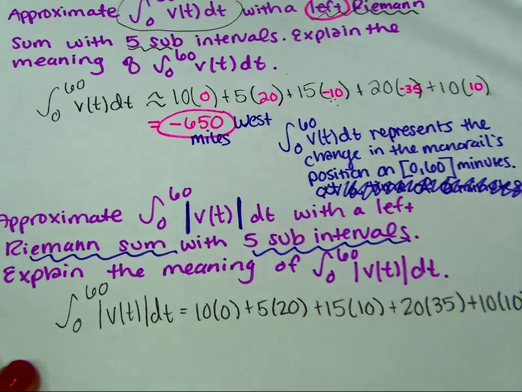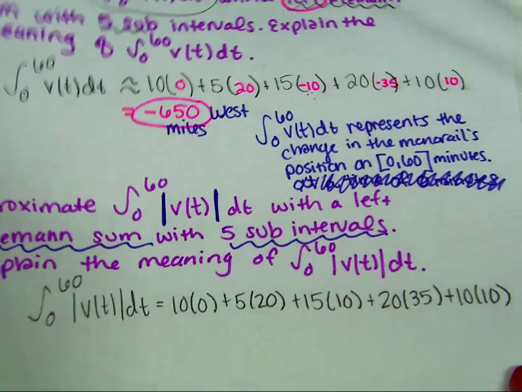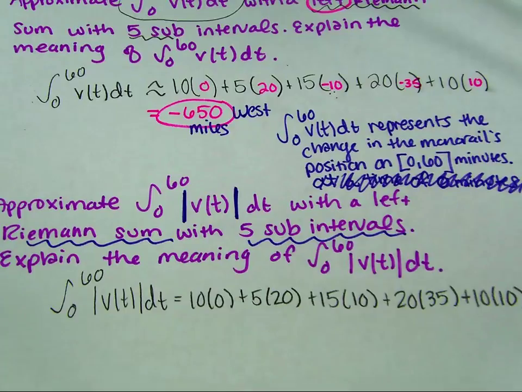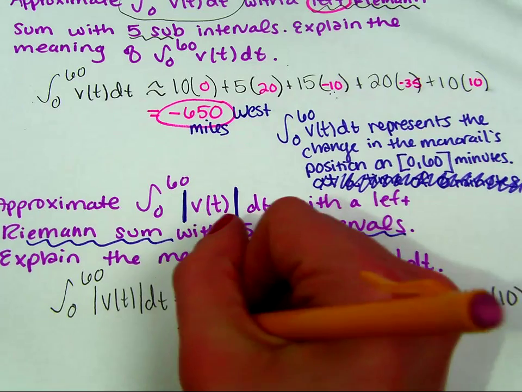You just want all area to be positive there, and we could type that in a calculator to figure out what that is. Give me a second to calculate that. And I got 1,050.